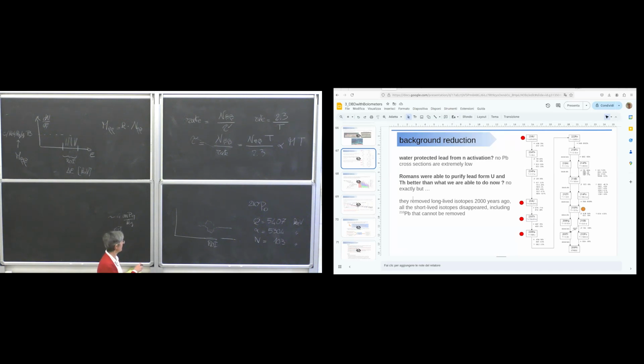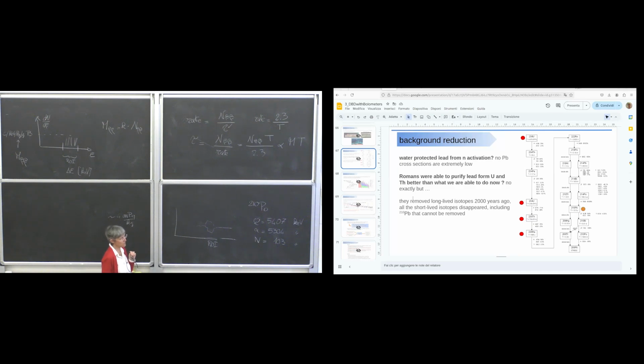Keep in mind that if I buy standard lead, the contamination is as high as 100 becquerel per kilogram. So it's a very high rate.